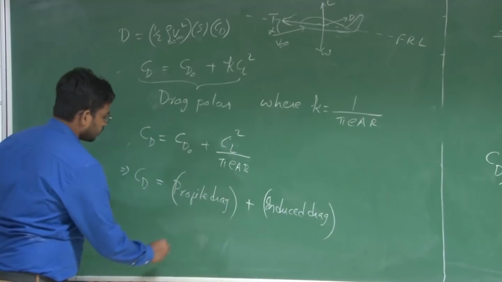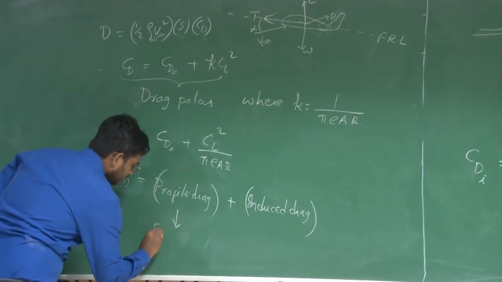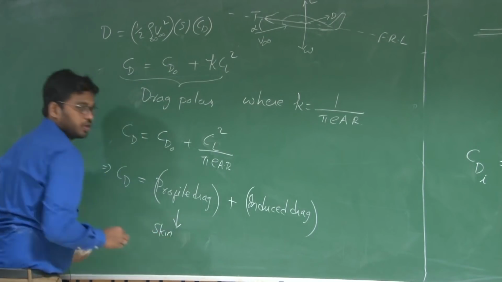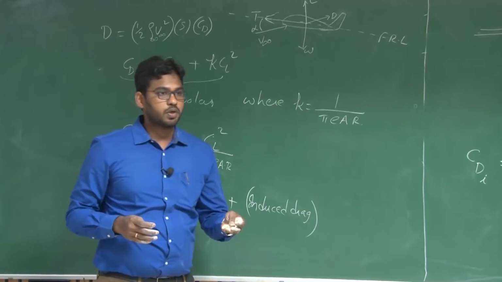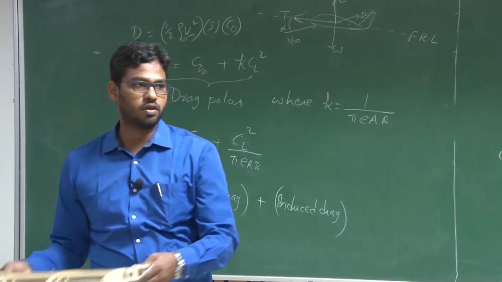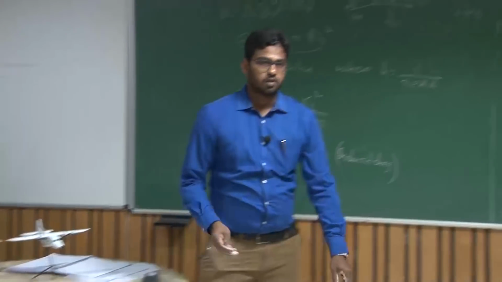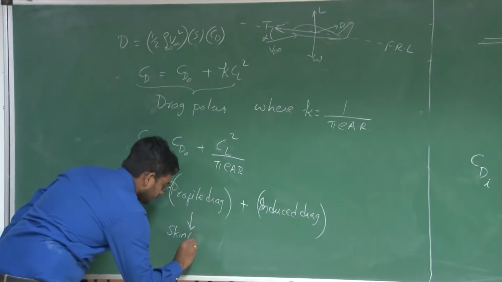Right. So this profile drag again is due to skin friction. Since we are moving in a fluid and the fluid is in contact with the surface or the skin of this aerofoil or the exposed surface of the aircraft, it has some fluid friction. So that is known as skin friction.